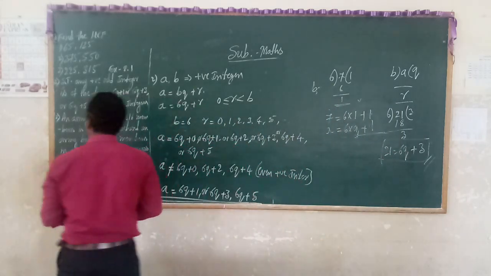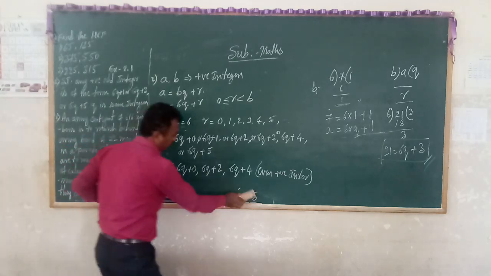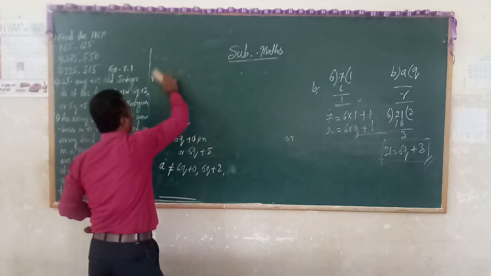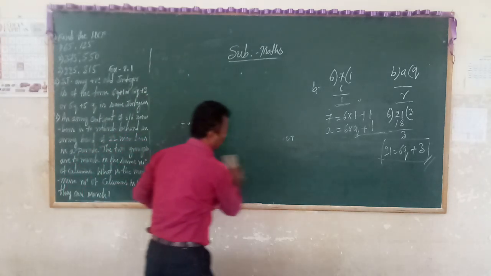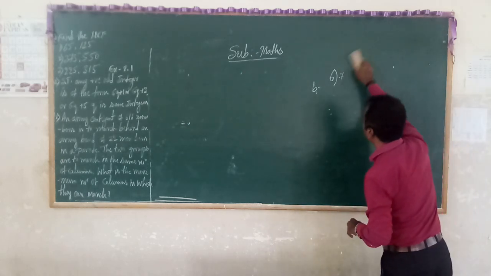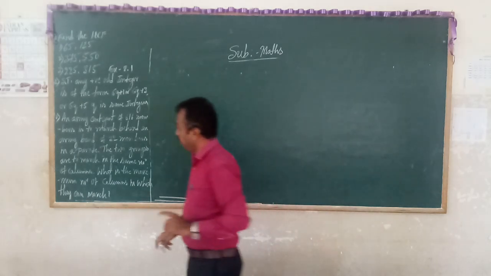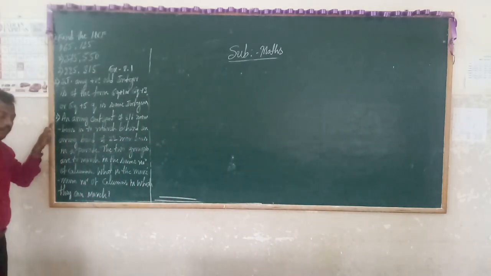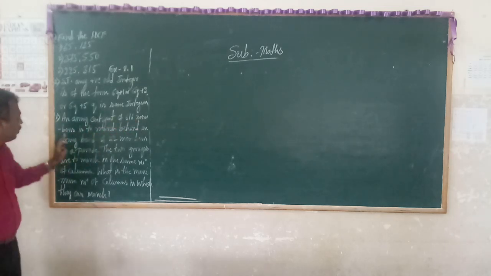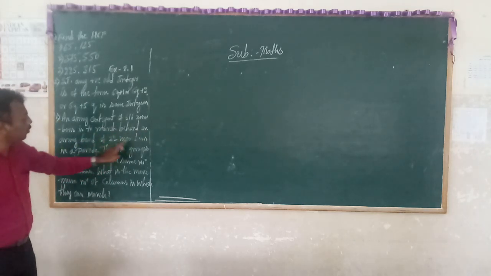So next question. Question number 3. An army contingent of 660 members is to march behind an army band of 32 members.